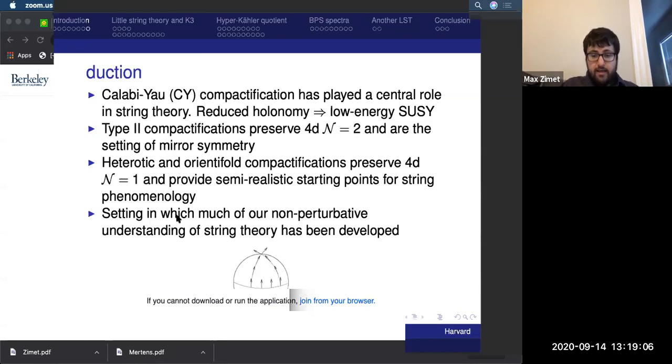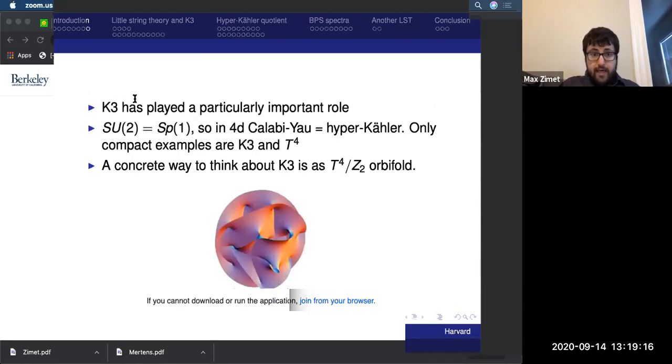More generally, Calabi-Yau compactification is very interesting because it's the setting in which much of our understanding of non-perturbative string theory has been developed. K3 has played a particularly important role because it's in a sense the simplest compact non-toroidal Calabi-Yau manifold.